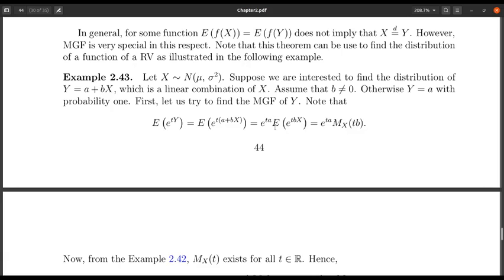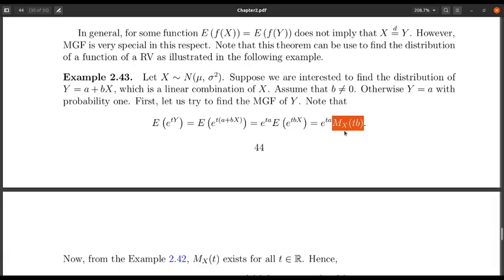Now this expectation is nothing but the moment generating function of the random variable x at the point tb. That's what I have written here.